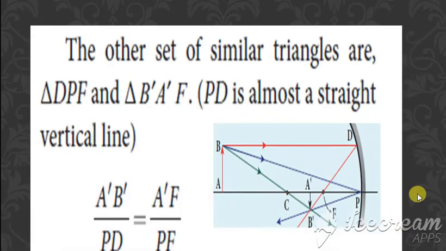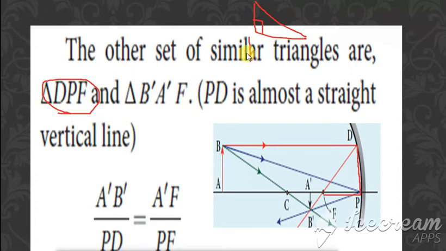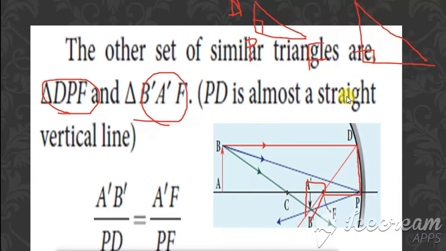Then the second, we are going to take the second triangle, which is DPF. This small triangle is right-angled at the point P, and this is D, and this is F. So DPF and A dash B dash F. This one is right-angled at A dash, here is F and here we have B dash.